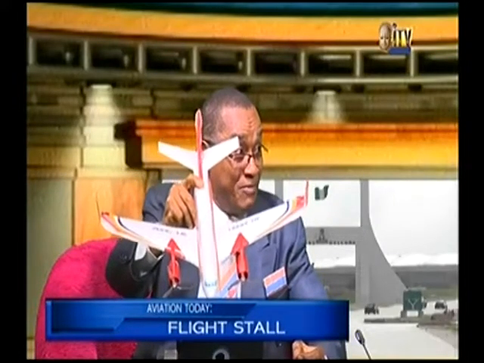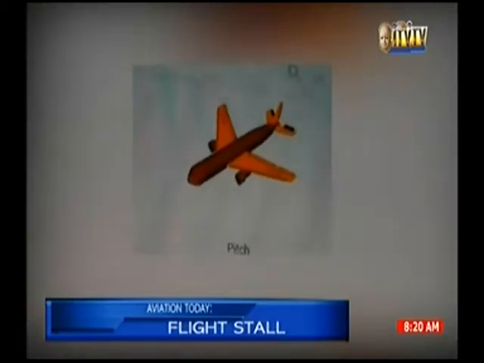Because the young man sitting in that cockpit lacked the knowledge and experience of what to do, he saw himself losing altitude. Rather than push his joystick to take a dive and gain some speed and level off again. Now, look at that.